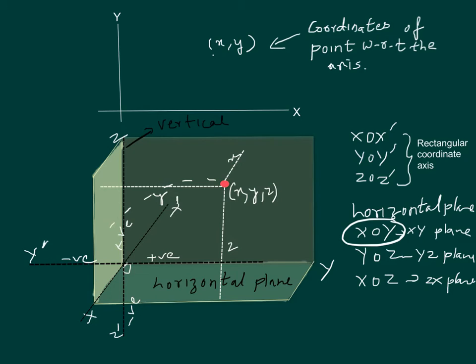Similarly, by considering the YZ plane, we will have XX dash to be the perpendicular line, and hence OX will be the positive direction and OX dash will be the negative direction.